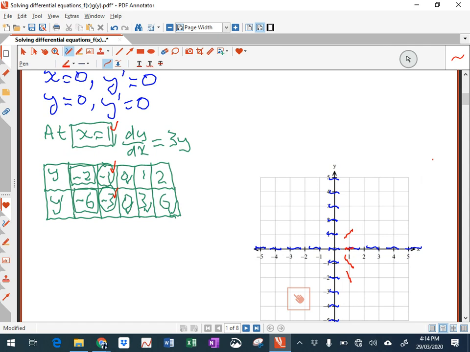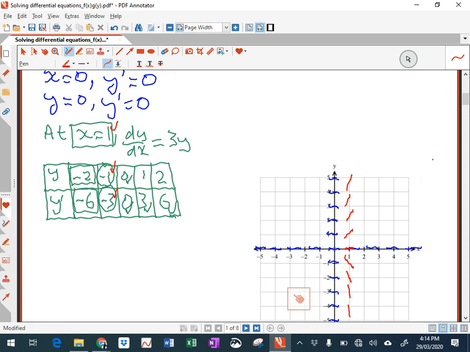And then at x equals 1, y equals 2, the gradient is +6, so that's going to be a bit steeper again. Essentially you can see the gradients are getting steeper as we go.